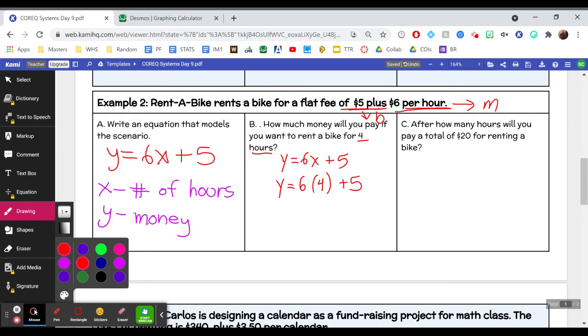And I can put all this on decimals, and that's going to give me 29. Okay, because 6 times 4, 24, plus 5 is 29. So in 4 hours, we spent $29.